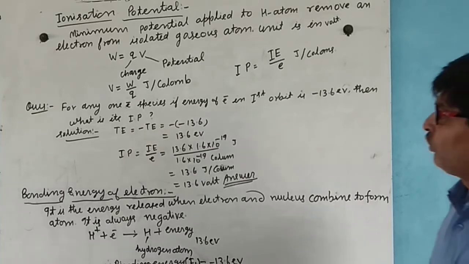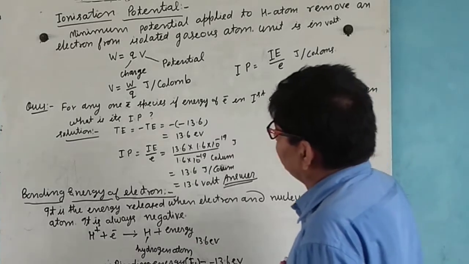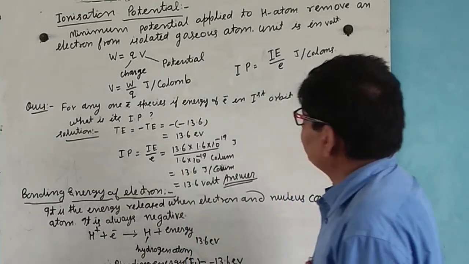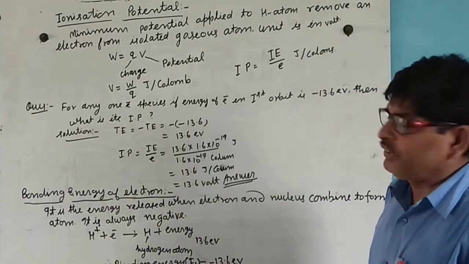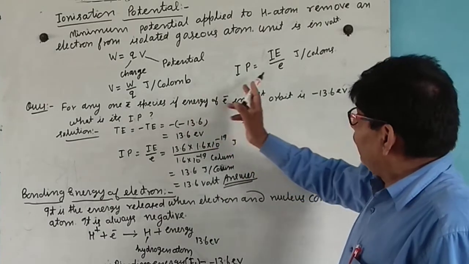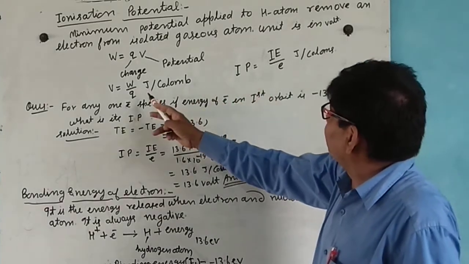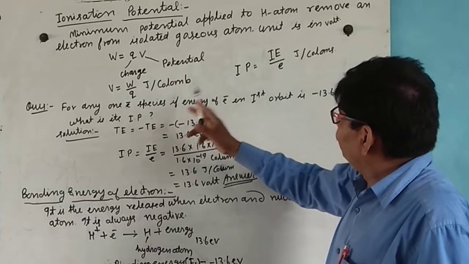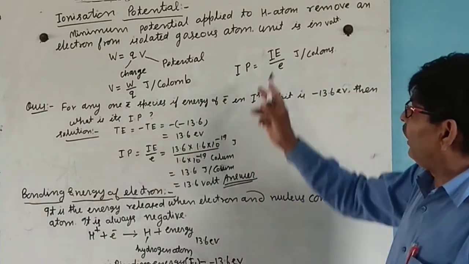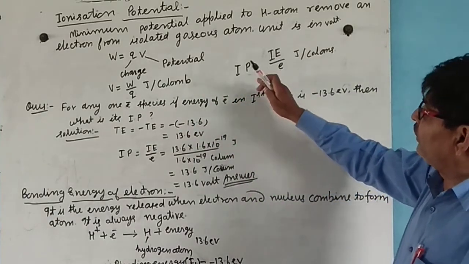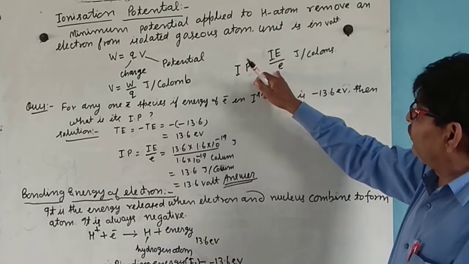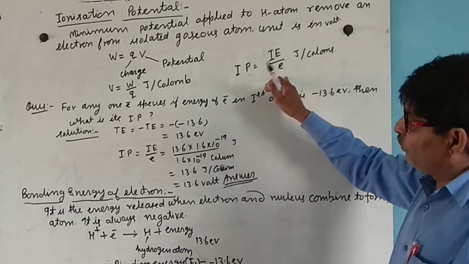Potential is W by Q, joule per coulomb. Here the charge is that of an electron, so Q equals e, and ionization potential is ionization energy divided by e, joule per coulomb.